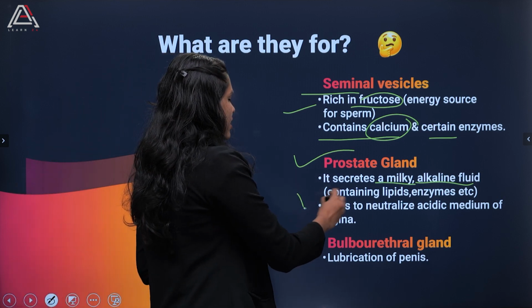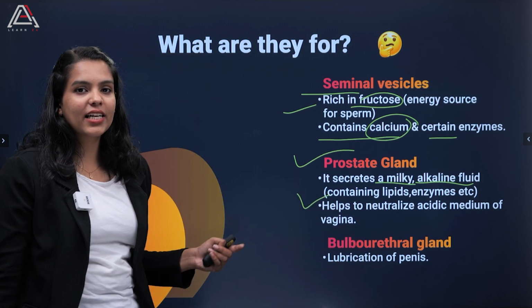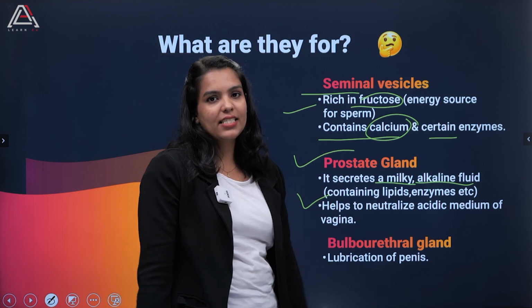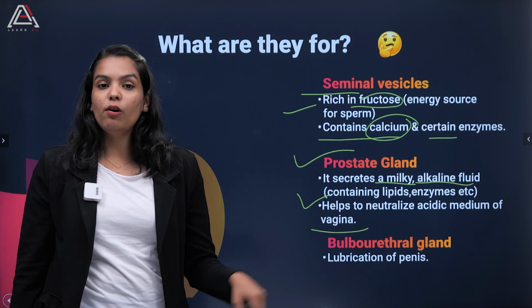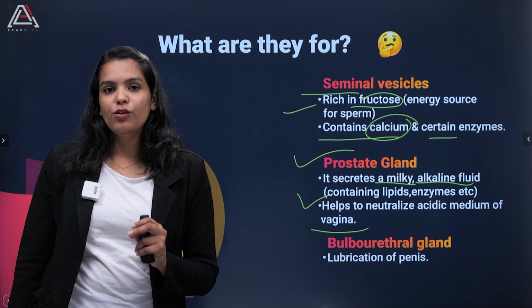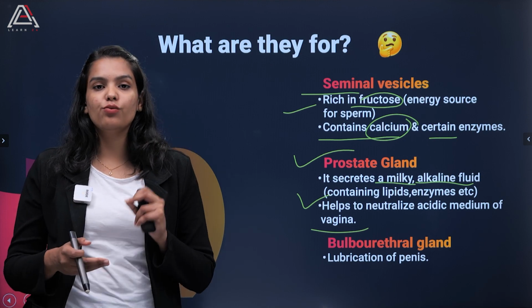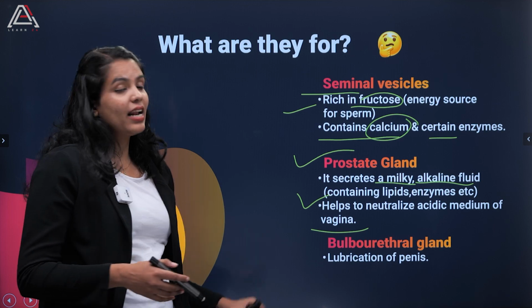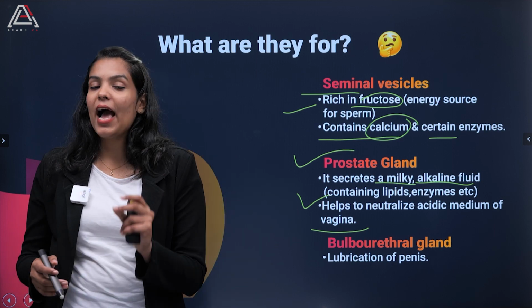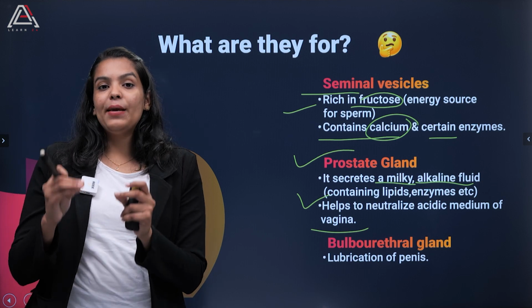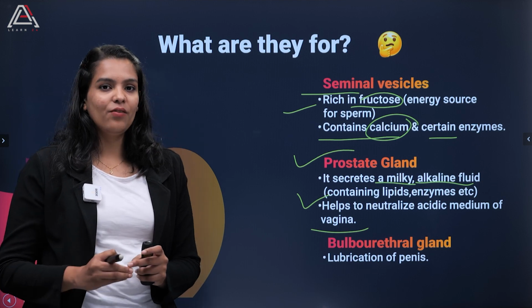The major function of the prostate gland is to neutralize the acidic medium of the vagina so that the sperms can easily enter and survive. So the prostate gland plays a really important role here, right?